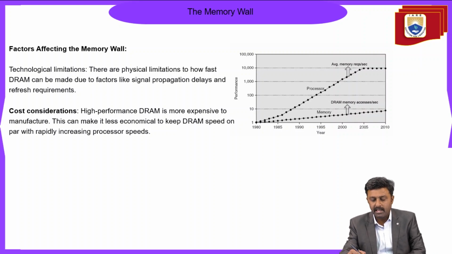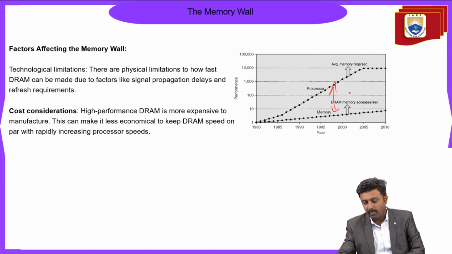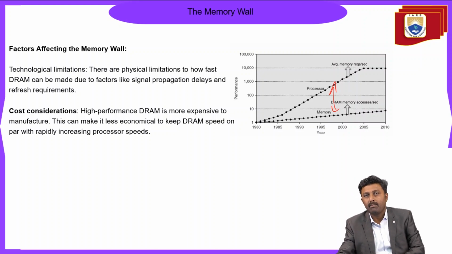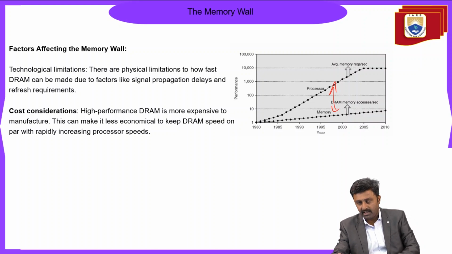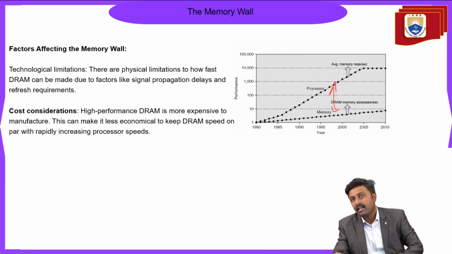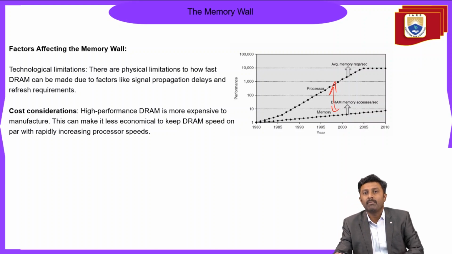Then cost considerations: high performance DRAM is more expensive to manufacture, which can make it less economical to keep DRAM speed on par with rapidly increasing processor speeds.